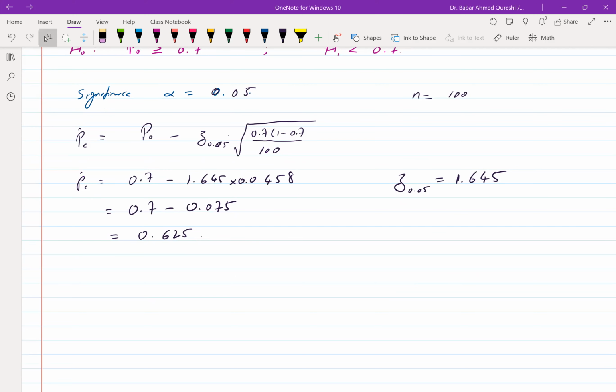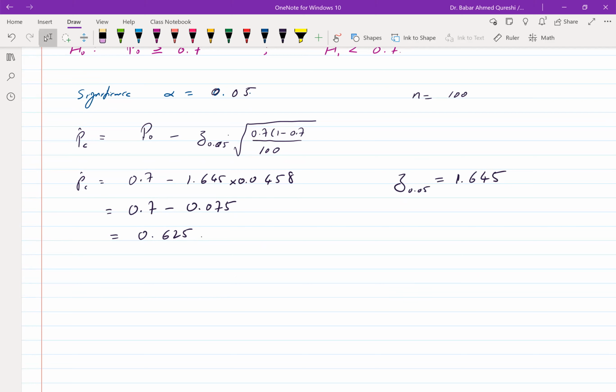So I will be able to reject it based on a sample of 100 people if in my sample the proportion passing the test is less than 62.5%.